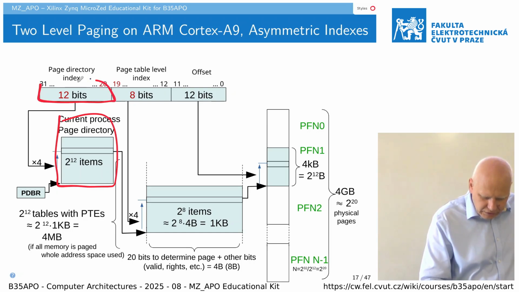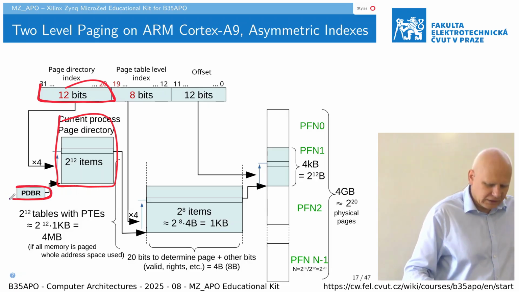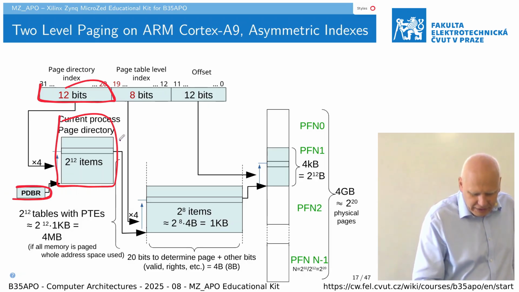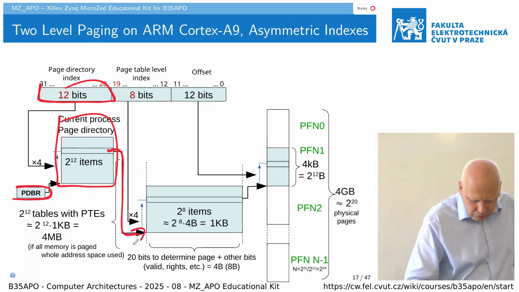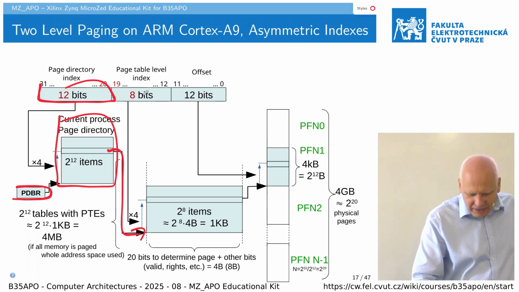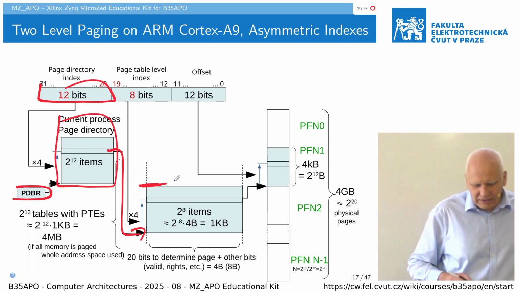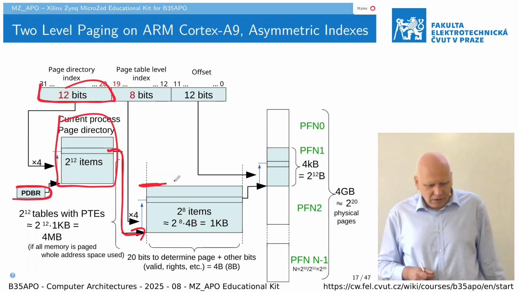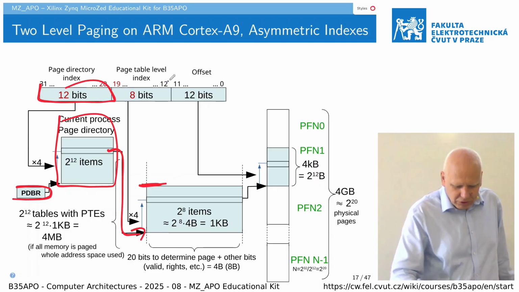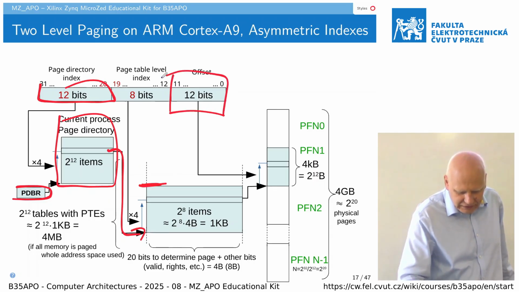You use 12 bits to index into this, combined with the actual address space base directory. Then you get to the next level, and this one is indexed by only 8 bits, so it has a size of 1/4 of a page, because the page size is in this case the same.